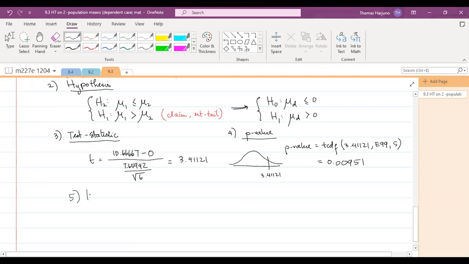So step 5, informal conclusion. That will be reject the null hypothesis. And then step 6, conclusion.